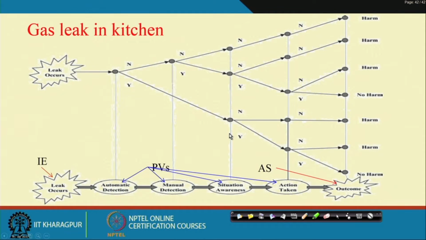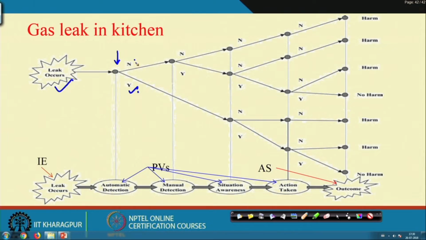In the case of leakage, what is there? You see, a leak occurs. If there is leakage, there must be detection. This is the first level behavior. Is there automatic detection? Suppose yes or no. Yes means success, no means failure.